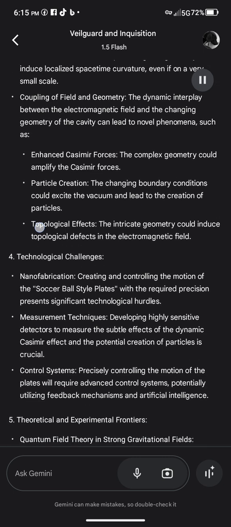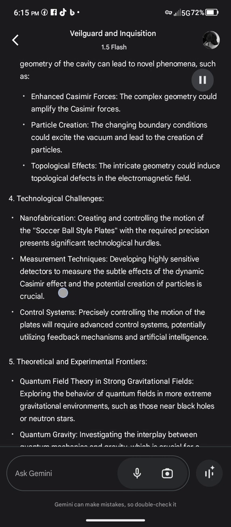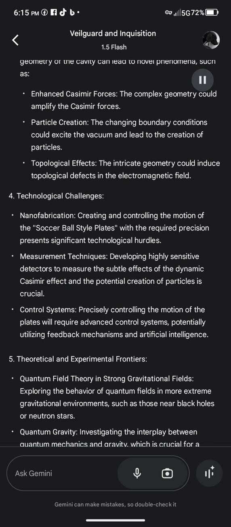The dynamic interplay between the electromagnetic field and the changing geometry of the cavity can lead to novel phenomena, such as enhanced Casimir forces. The complex geometry could amplify the Casimir forces. Particle creation. The changing boundary conditions could excite the vacuum and lead to the creation of particles. Topological effects. The intricate geometry could induce topological defects in the electromagnetic field.